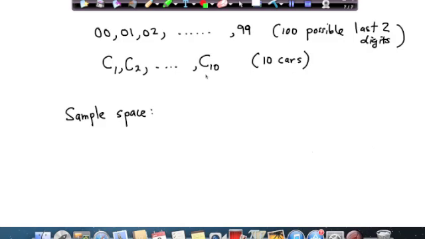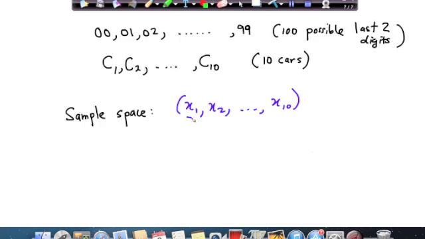What is the sample space that we're interested in? Well, we want to know whether the last two digits on the number plates of these cars are the same or distinct. So each outcome of this random experiment can be represented by a 10-tuple, here denoted by x1, x2, and so on, up to x10, where each entry is the last two digits on the number plate of the corresponding car.